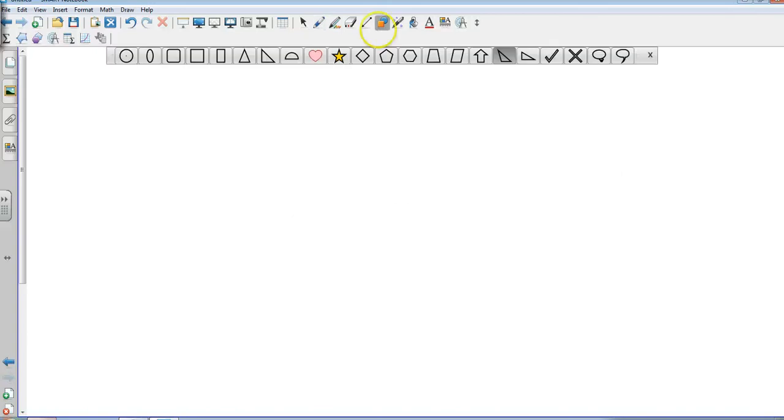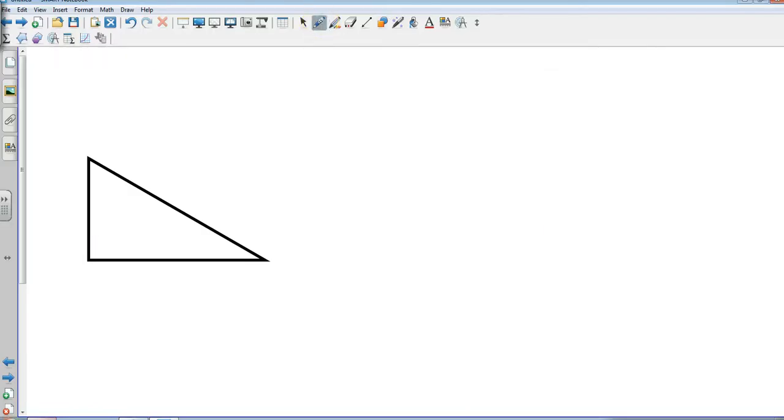Let's say I have a triangle. Let's go with this one. And I'm going to label this with letters. And this is a right triangle, so I'm going to put my little right triangle box there. And let's make up something.